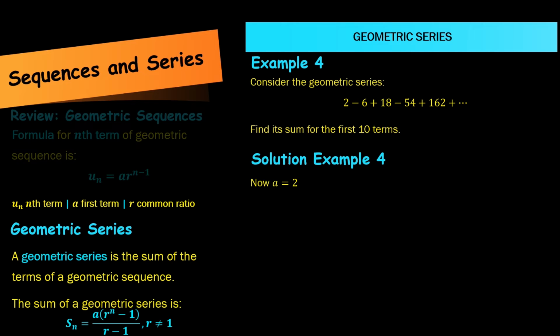We can clearly see that the value of a, or the first term, is equal to 2 here, and the value of the common ratio r is equal to minus 6 over 2, which is equal to minus 3.